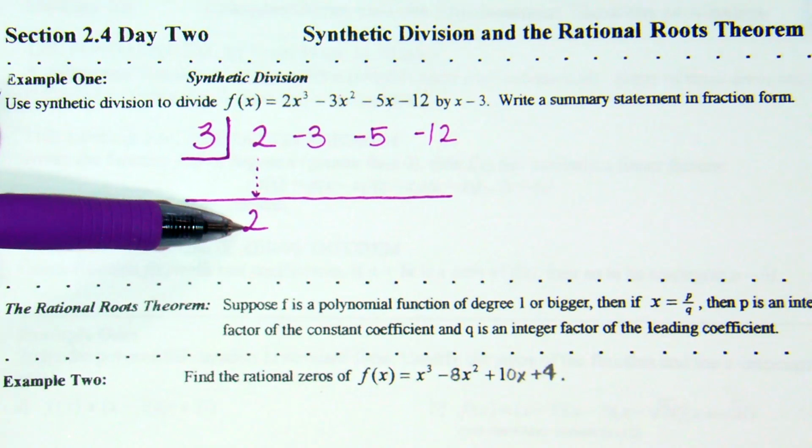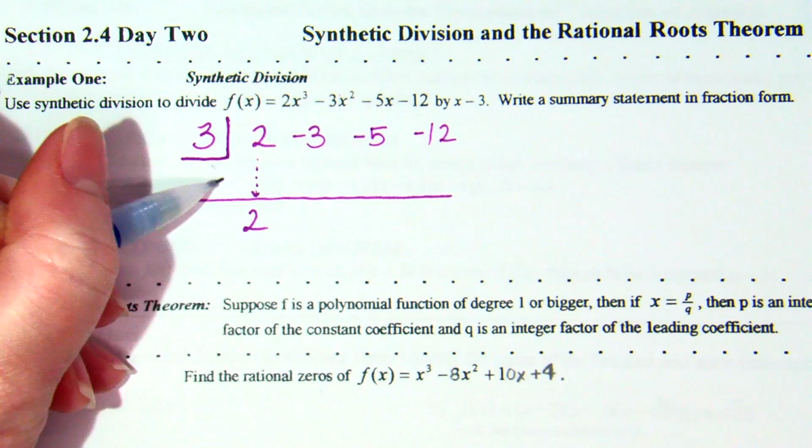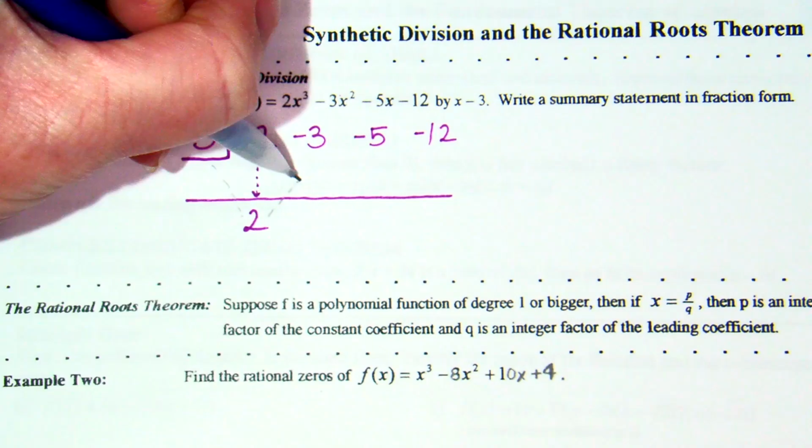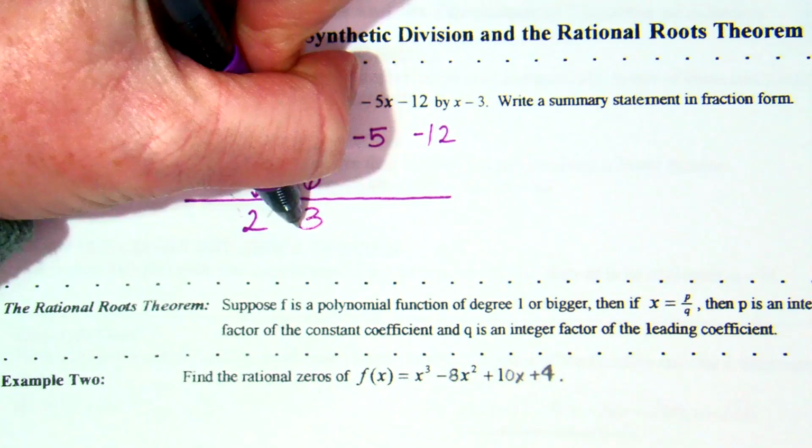You alternate those steps. So we multiply 3 times 2, which is 6, and it goes underneath the negative 3. We multiplied. Now we add. Negative 3 plus 6 is 3.